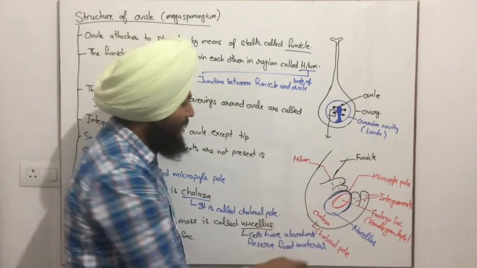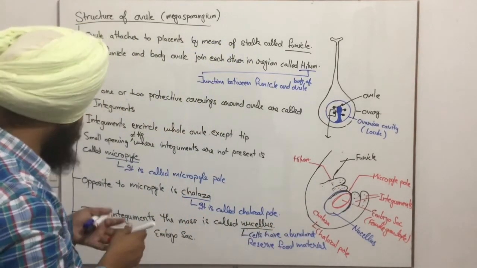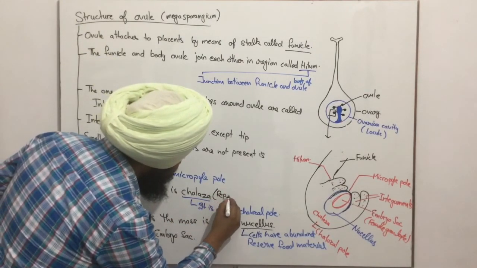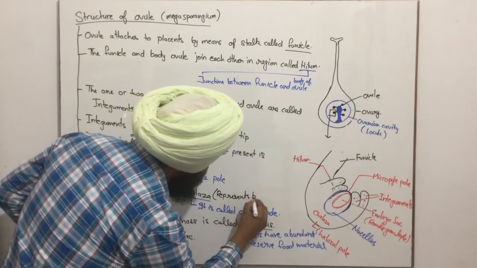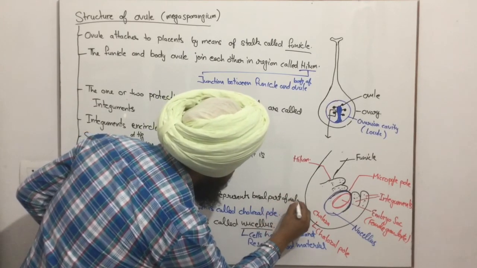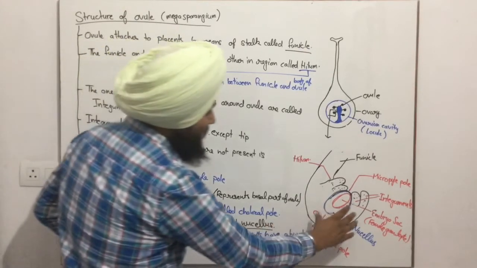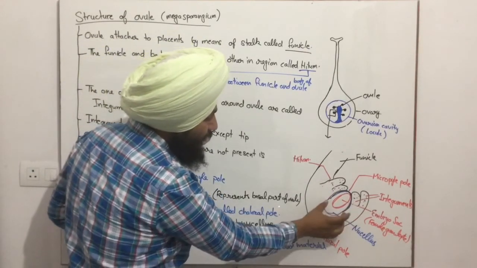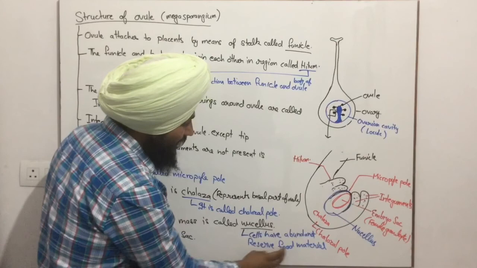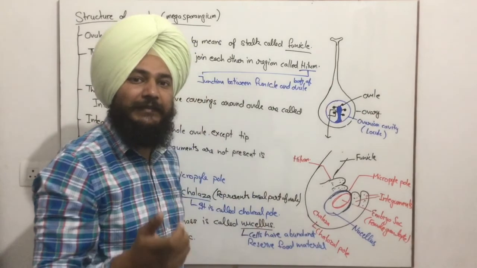So please remember that this is the tip of the ovule and this is the basal part, okay. So here we can also write that the chalaza represents the basal part of the ovule, and the micropyle represents the tip, okay. Now inside the integuments we have the nucellus, and the cells of the nucellus are abundant with reserve food material, and inside the nucellus is the embryo sac, that is the female gametophyte.